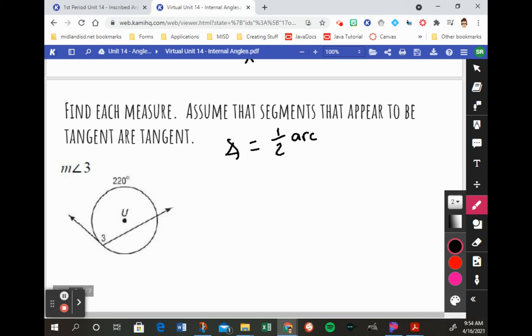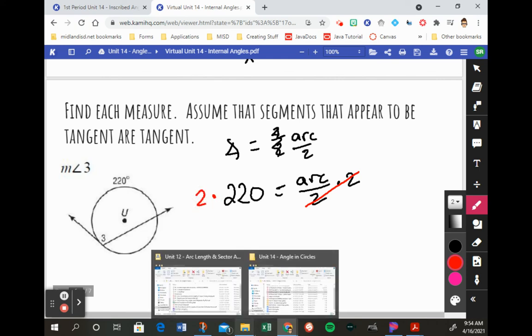Yes, 1/2 the arc. So I've got an angle, so 220 is equal to the arc divided by 2. I can rewrite this as arc divided by 2, which makes it easier. So then I just multiply by 2.